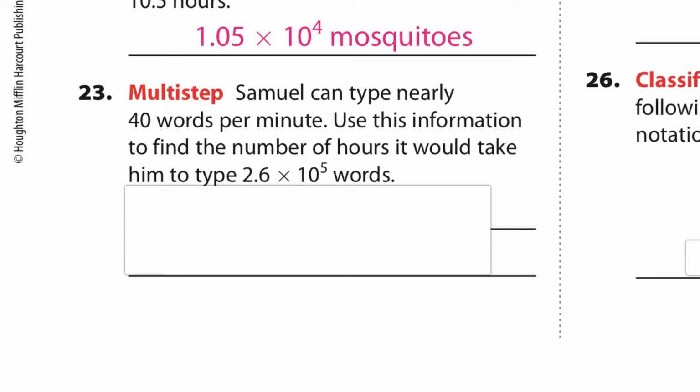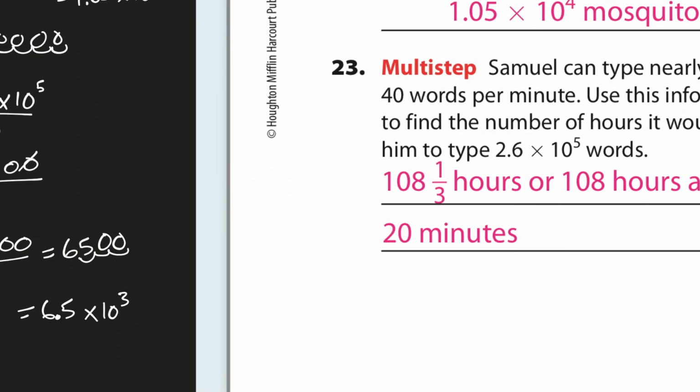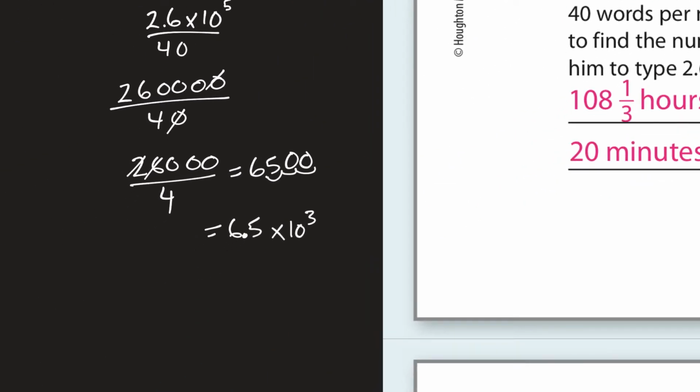Let's see how good I did. So if I take that and divide by 60, so perhaps what I need to do instead is I need to know how many hours.